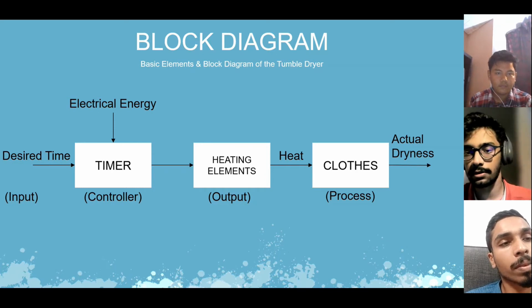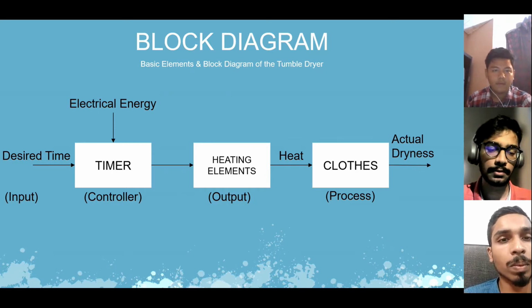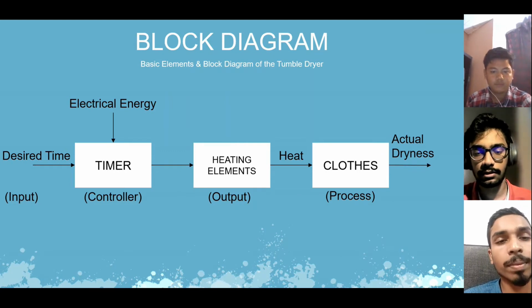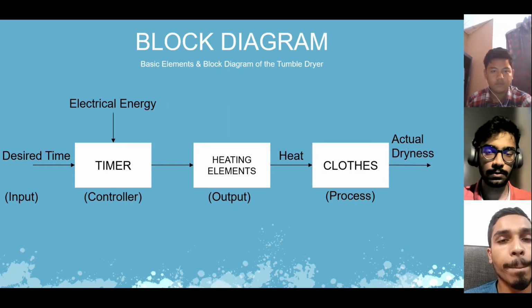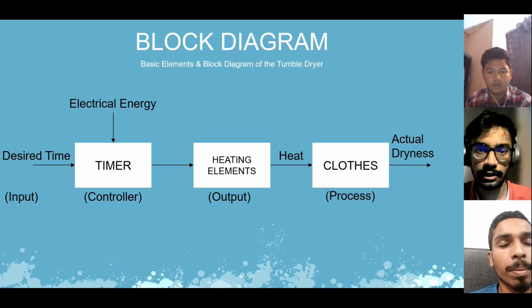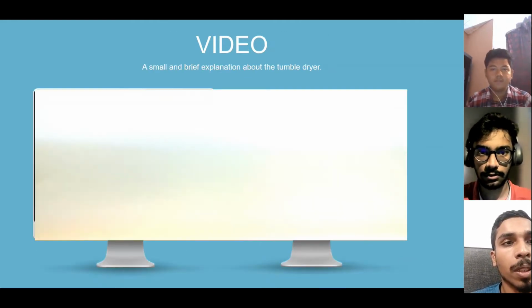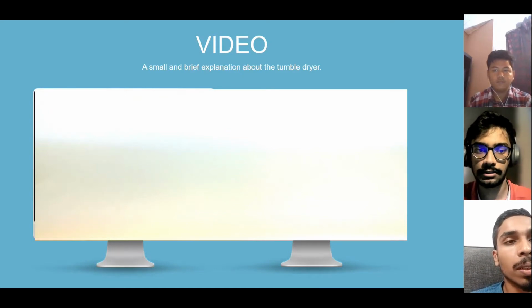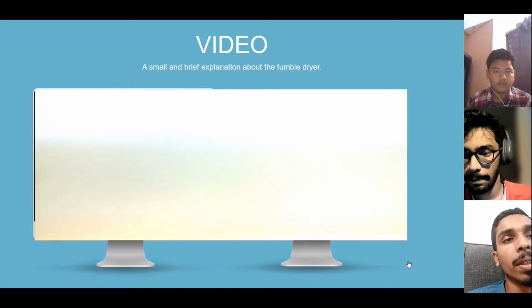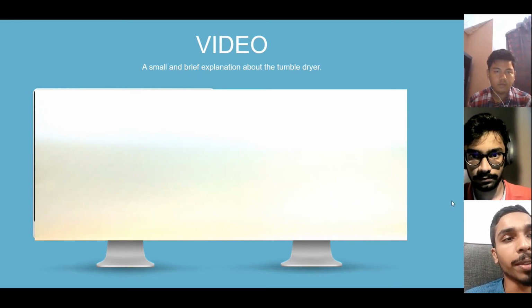We only know the output when the timer has reached the set limit. So yeah, that's how an open loop tumble dryer works. For the next slide, this will be explained by Sajidas. Okay, this is the video, a small and brief explanation about the tumble dryer.